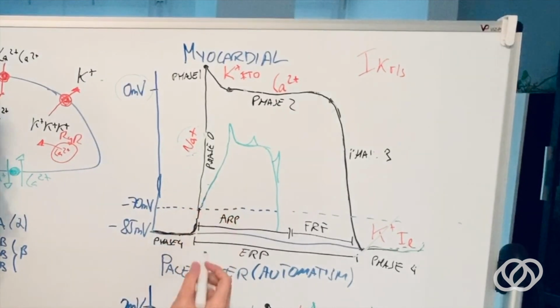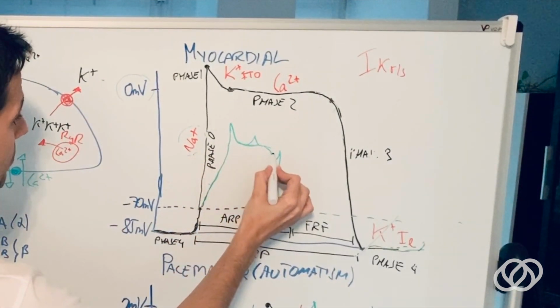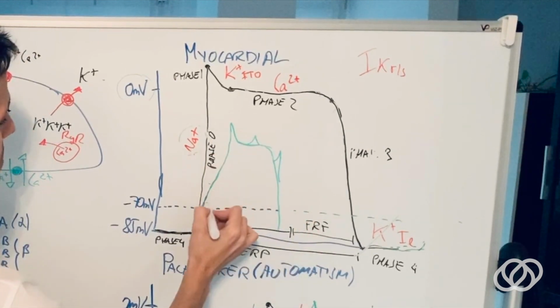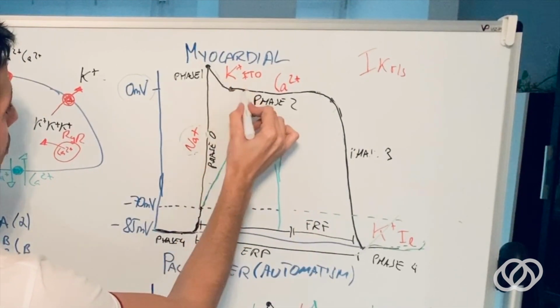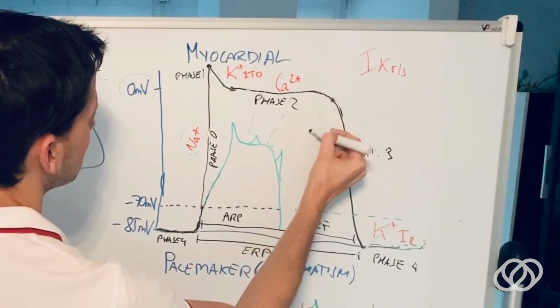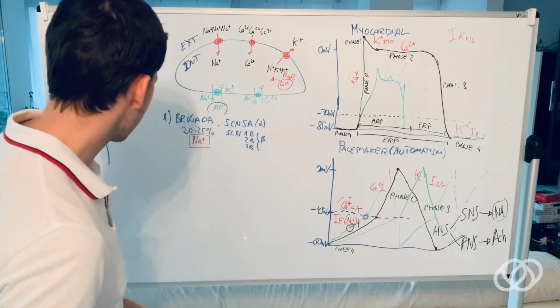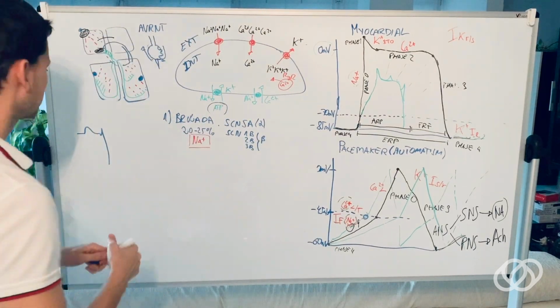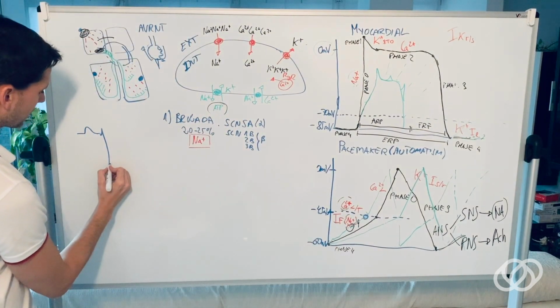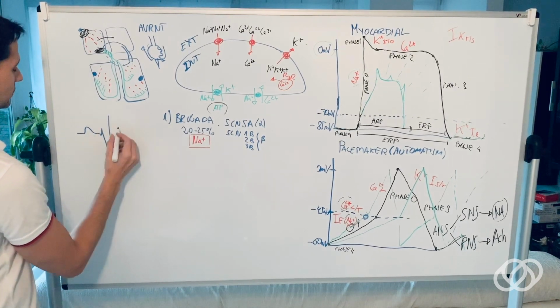meanwhile in the cells that are affected in the outflow tract, we are going to have this complex. In the other cells, we are going to have a normal complex. So we are going to always have a gradient between them. It means that we are never going to have a normal ST. The ST will always be elevated.